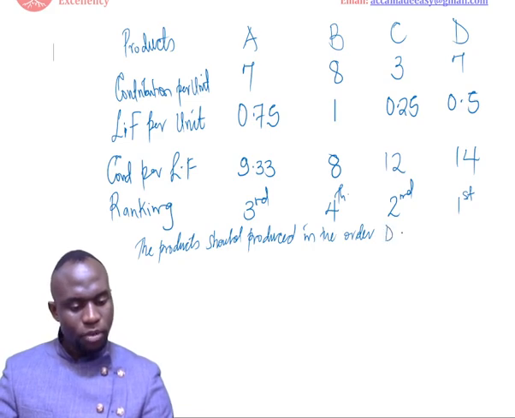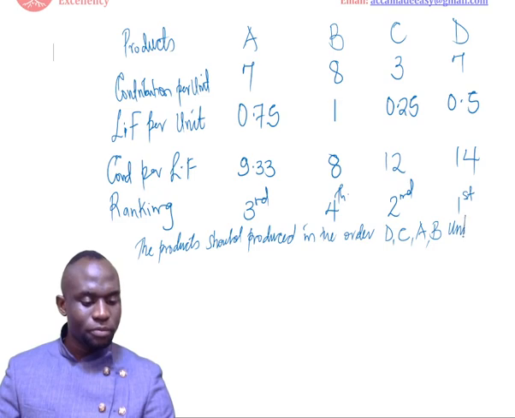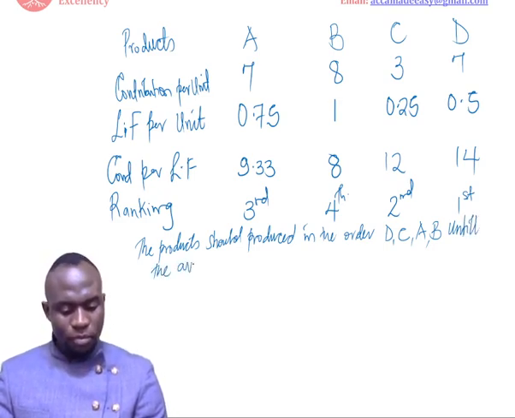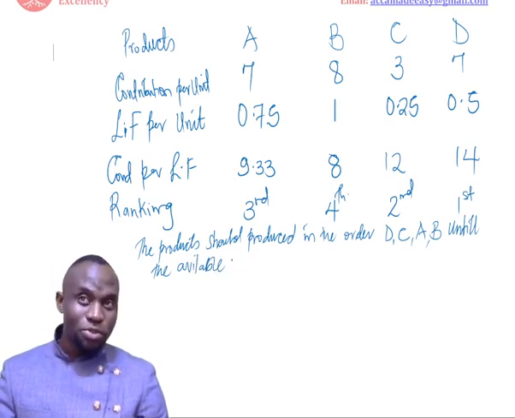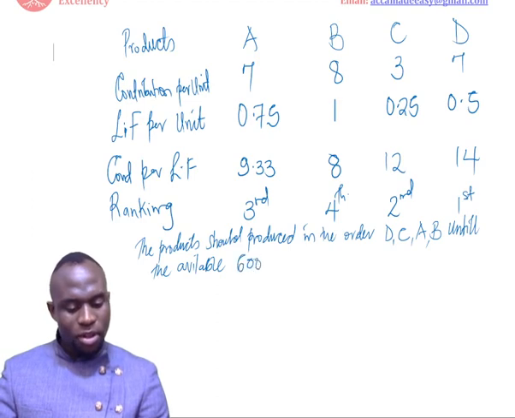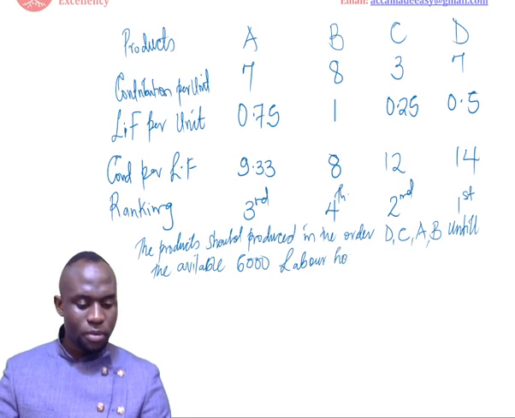It is D, C, then A, and B. So we should produce them in that order until the available scarce resource is fully utilized, in this case labor hours, until the available 6,000 labor hours are fully utilized.